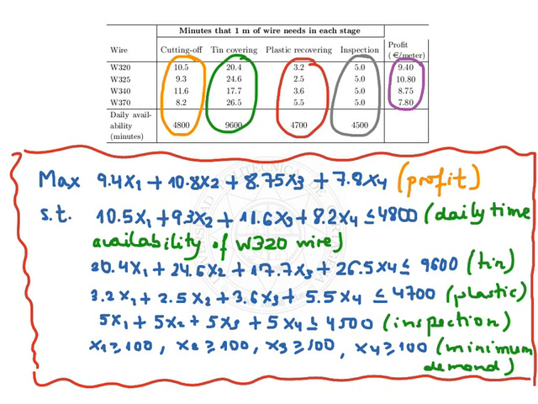Don't forget to add the restriction related to the minimum demand of 100 meters each day. Here I introduce the data. Note that restrictions of type xi greater or equal than 100, I wrote them here.